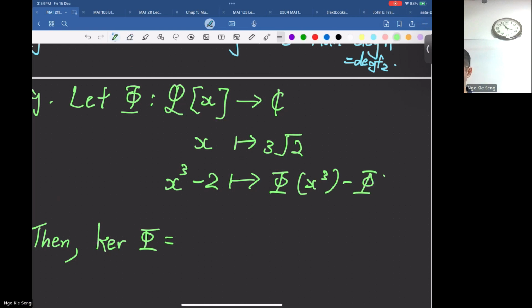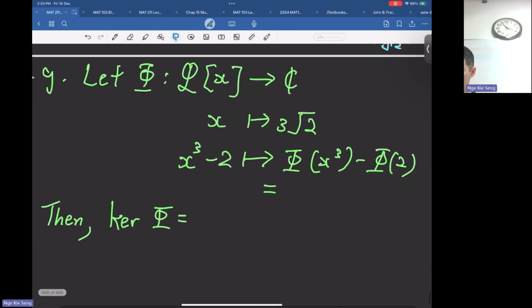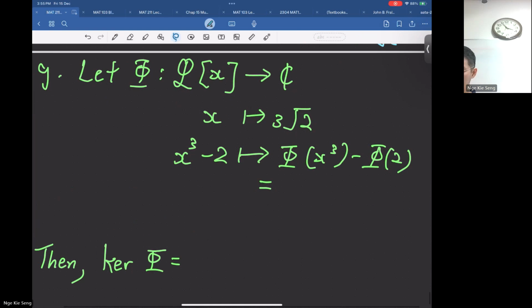It sends x to phi of x, and then the whole thing cubed because it's a ring homomorphism. And then usually if I don't tell you what to do with the coefficients, it just fixes them.